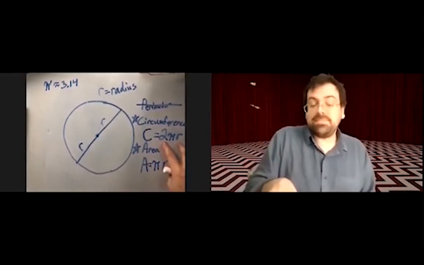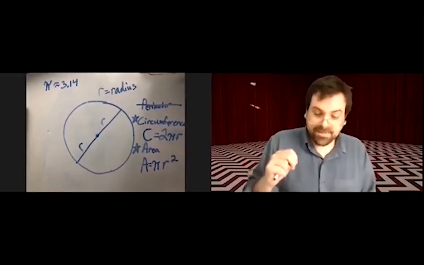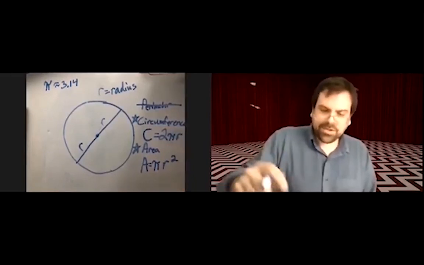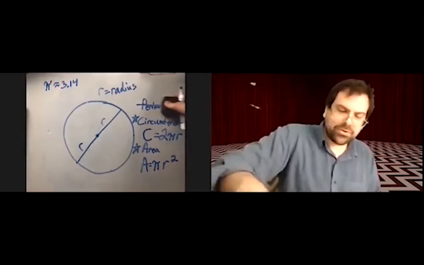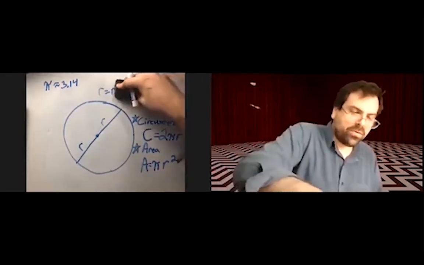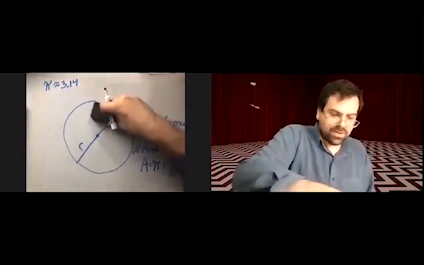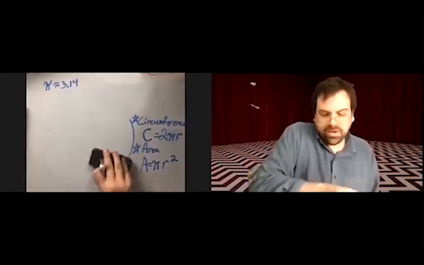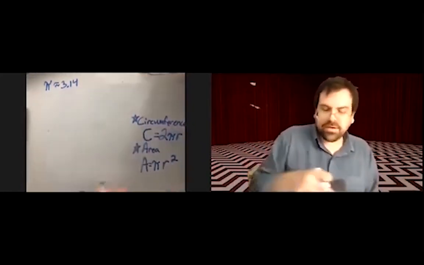So this is the same as pi times the diameter. So now here we are with 2 formulas, one for circumference of a circle, one for area of a circle.